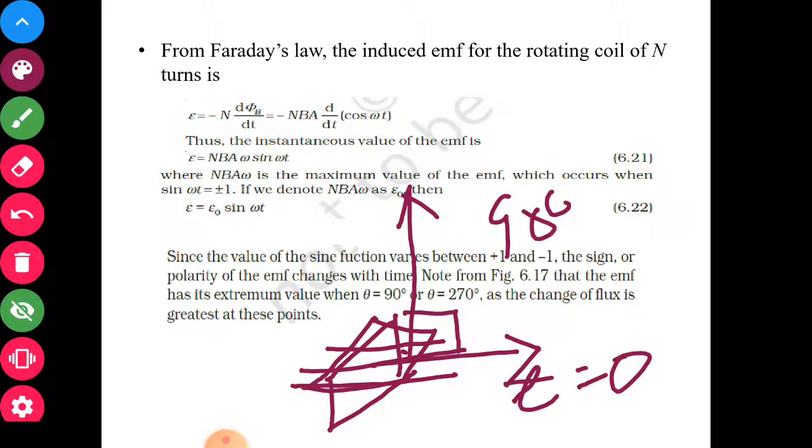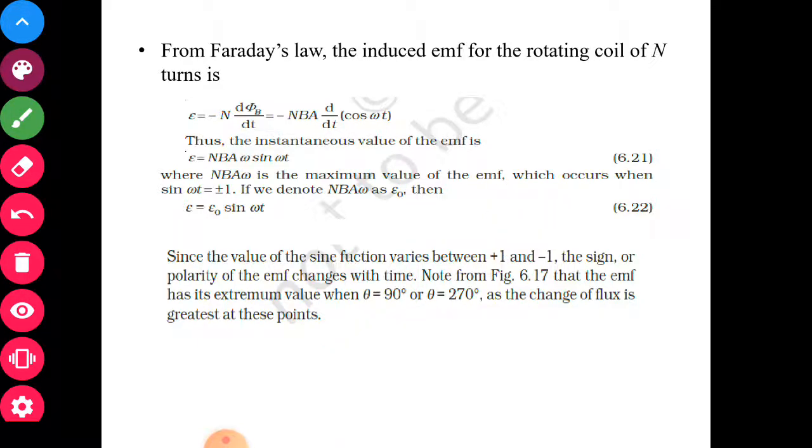Then theta becomes 90 and flux becomes 0. So the flux has changed from its maximum value to 0. So flux change is highest at 90 degree, and similarly the flux change is highest at 270 degree. So maximum flux is getting changed at these two points.